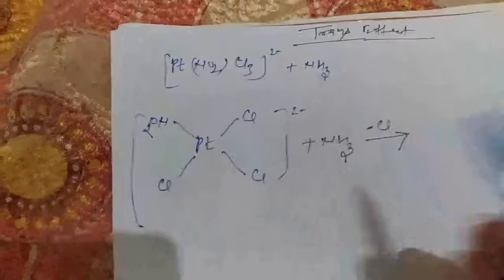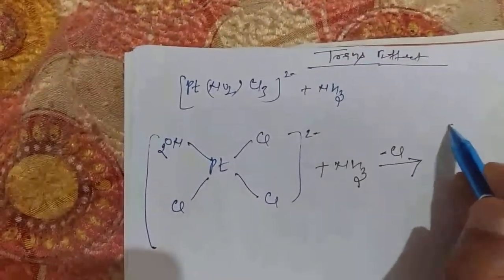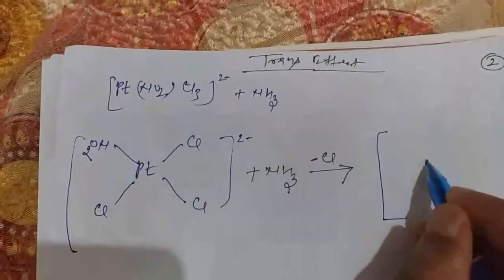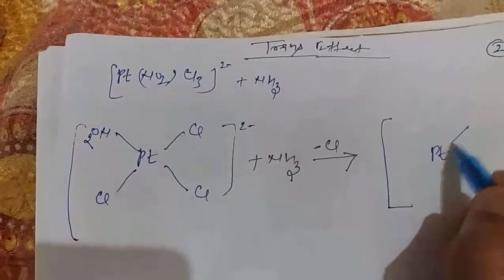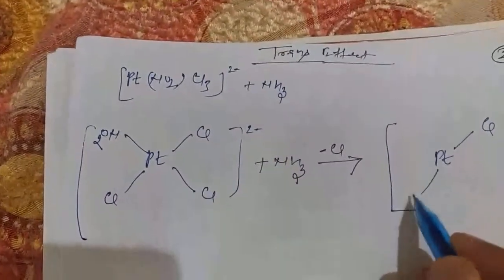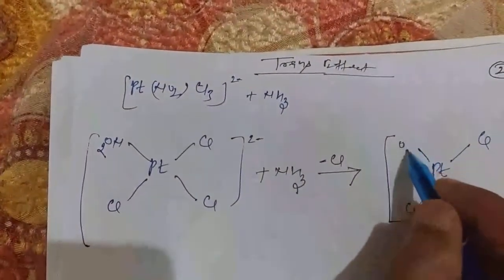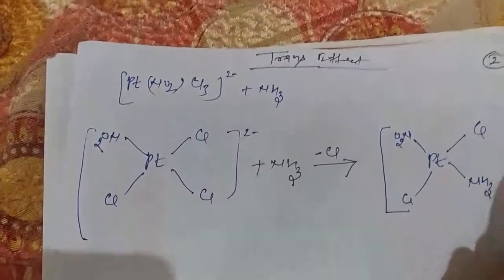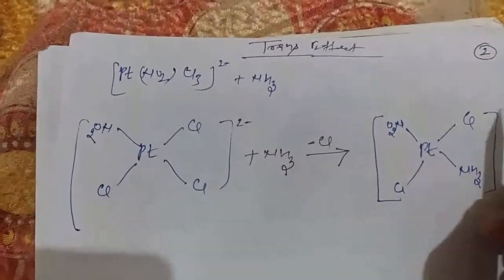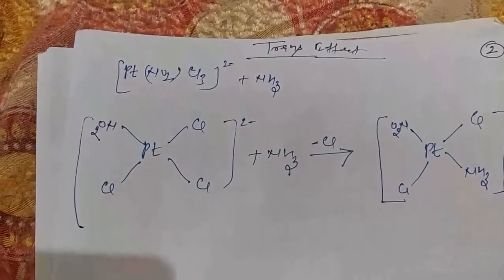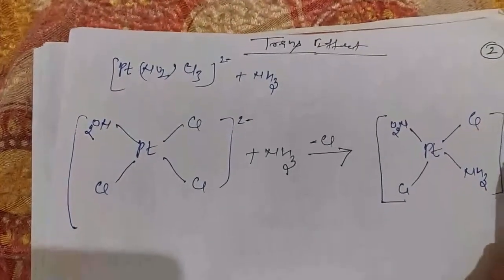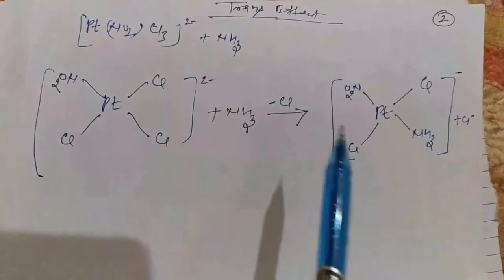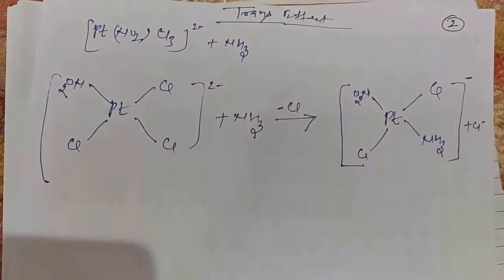I'll discuss it later on, but let's suppose I take platinum and this Cl will remain the same, this Cl will remain the same, this O2N will remain the same, and this Cl will be replaced by NH3, plus Cl negative. Got it? So one Cl is replaced.